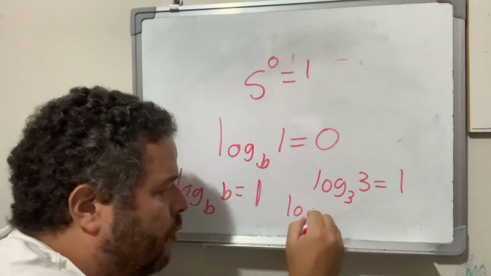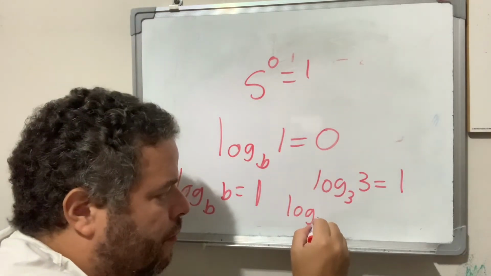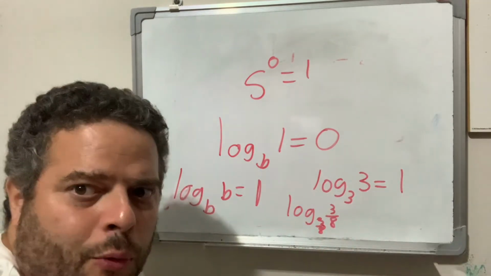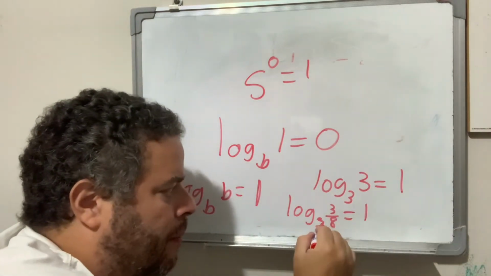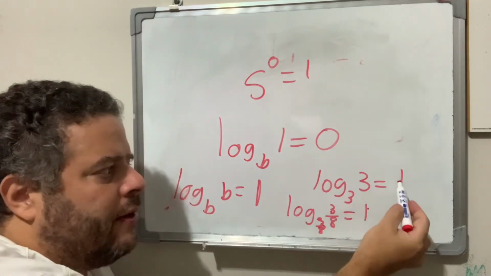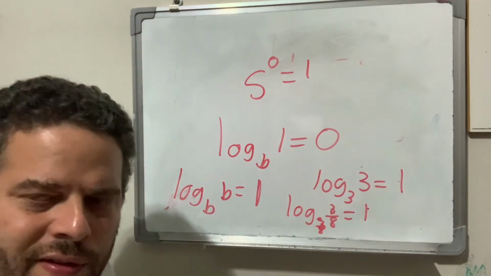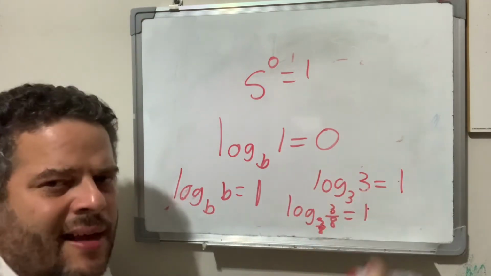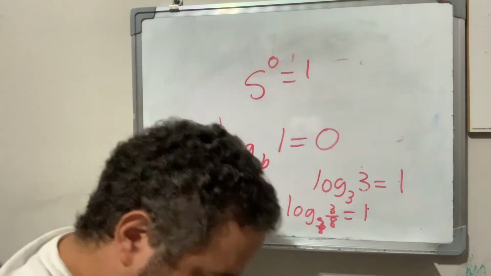What number do I raise 3/8 by to get 3/8? 1. Any number elevated to the first power is equal to itself. So you should know that. When these two numbers are identical, that's the exact same thing as 1. So that takes care of that one.